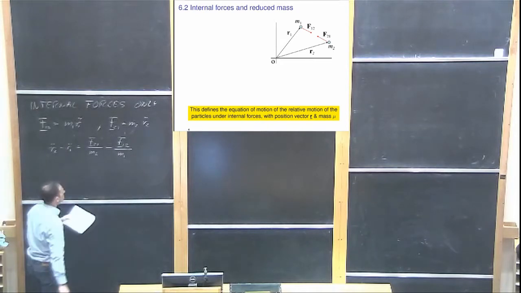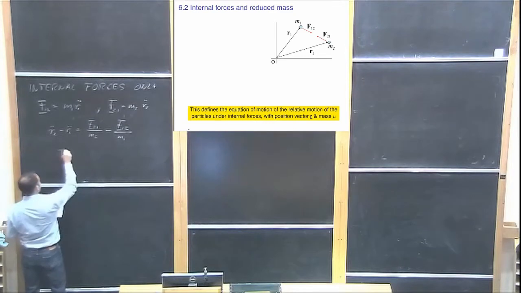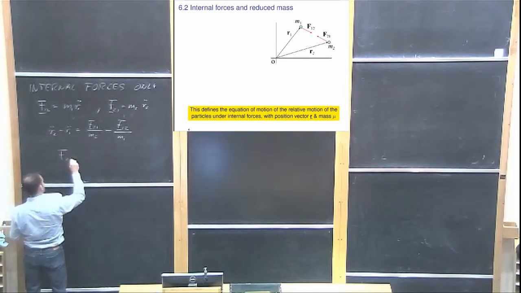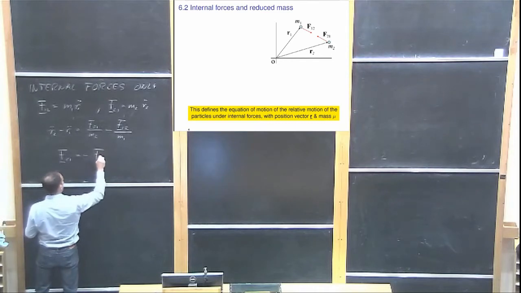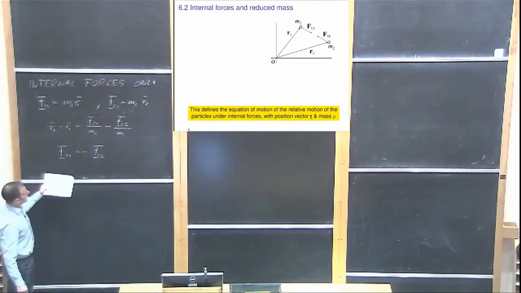Now, if we use the internal forces in Newton 3, we know that they're equal and opposite, equal in magnitude and opposite in direction.